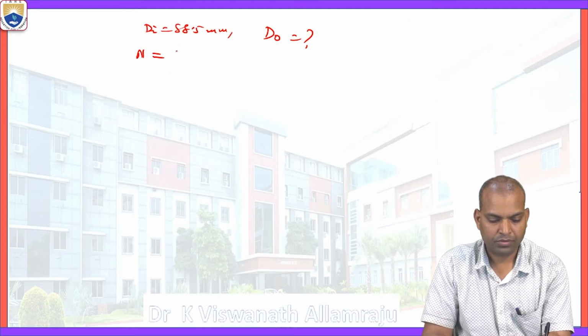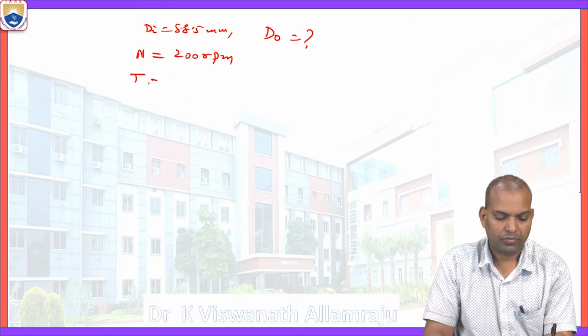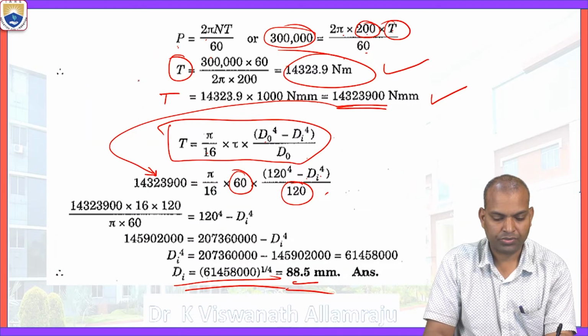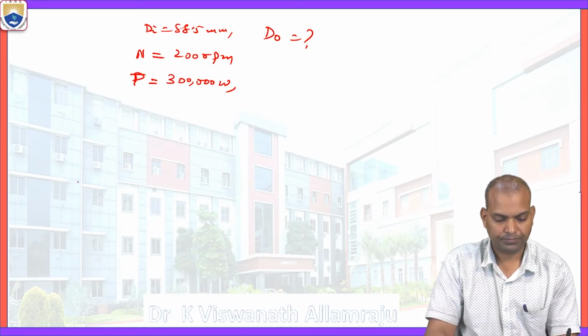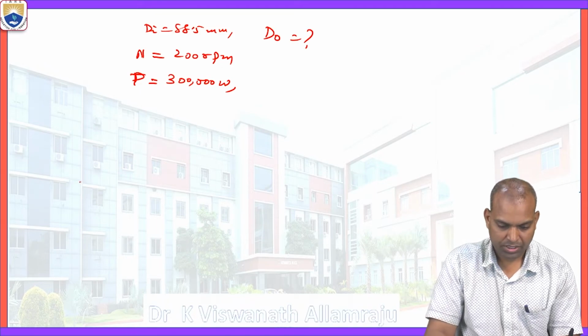200 rpm, and the power P equal to 300,000 watts. 2 pi N T by 60.